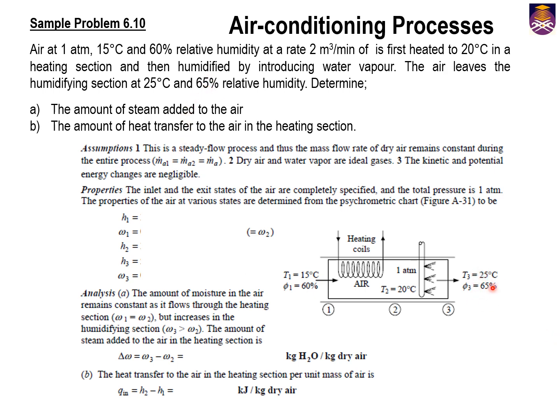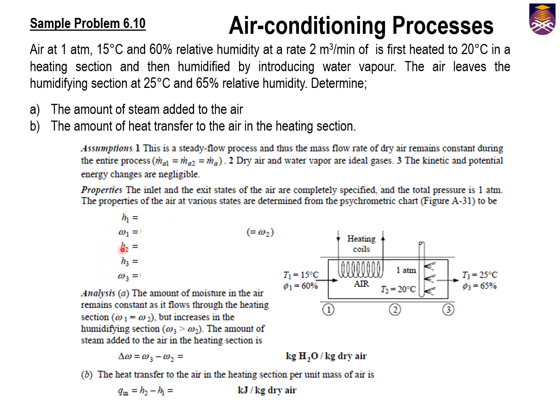Now based on the exit conditions after the heating coil, that is given to you. So you should be able to find what is your H3 and omega 3, right? So H3 and omega 3 are found based on this temperature and this relative humidity. So you have these 2 points, go to your psychrometric chart, and that will give you your H3 and omega 3, right? So based on that, you will have all these values that you need.